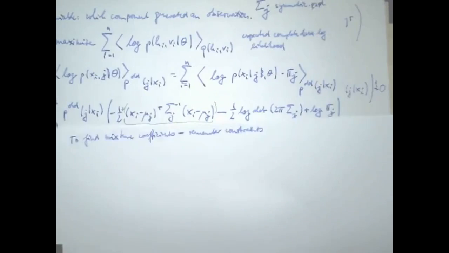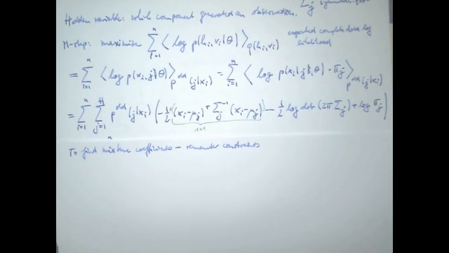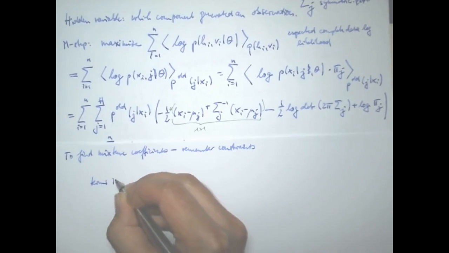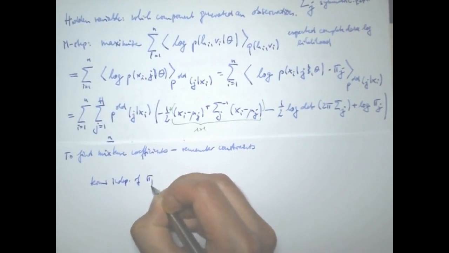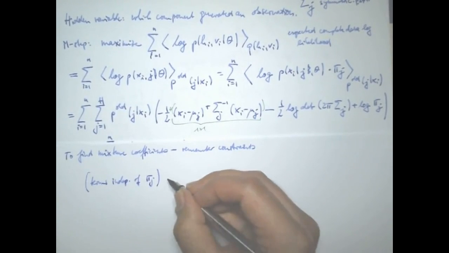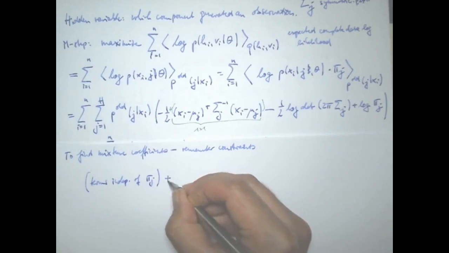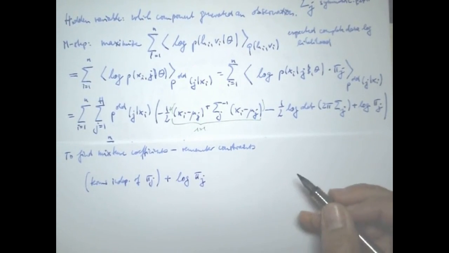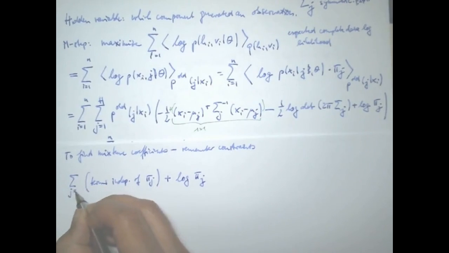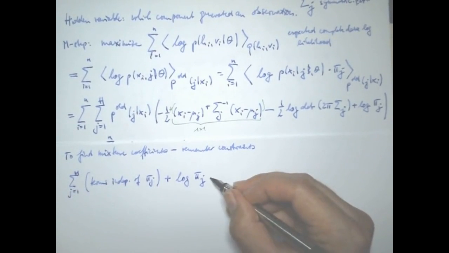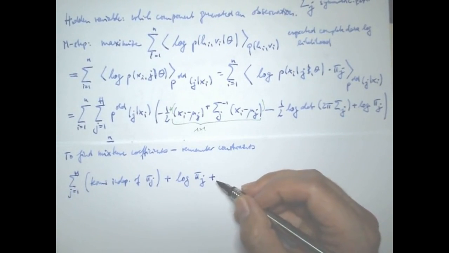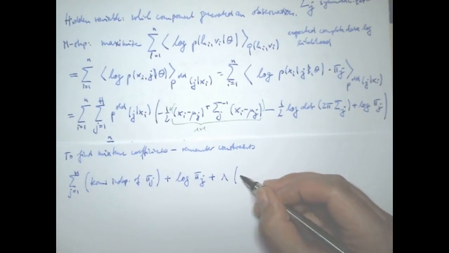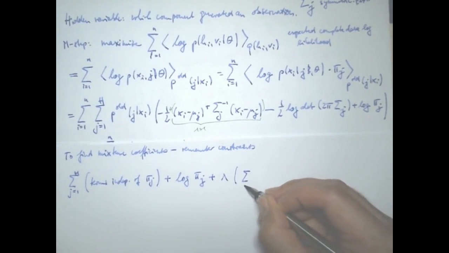I'm summarizing them here as terms that are independent of pi j, plus here we have the log of pi j, and then we need something to make sure that our constraints are respected. So I'm taking a Lagrange multiplier here, which enforces that they should all sum to 1.